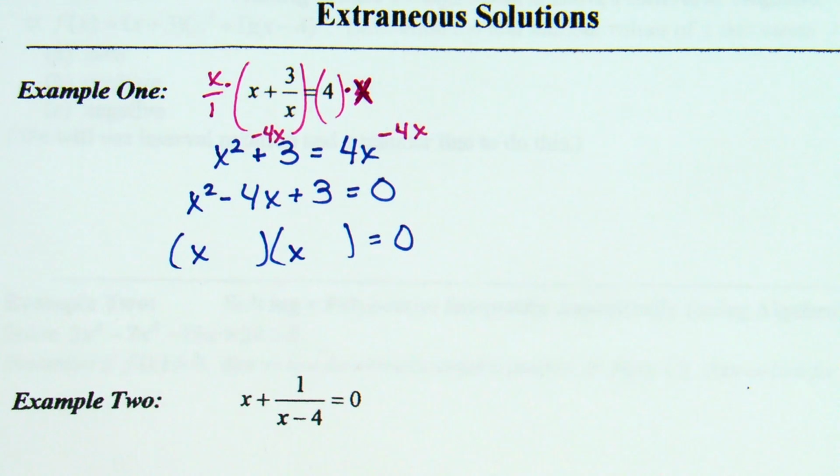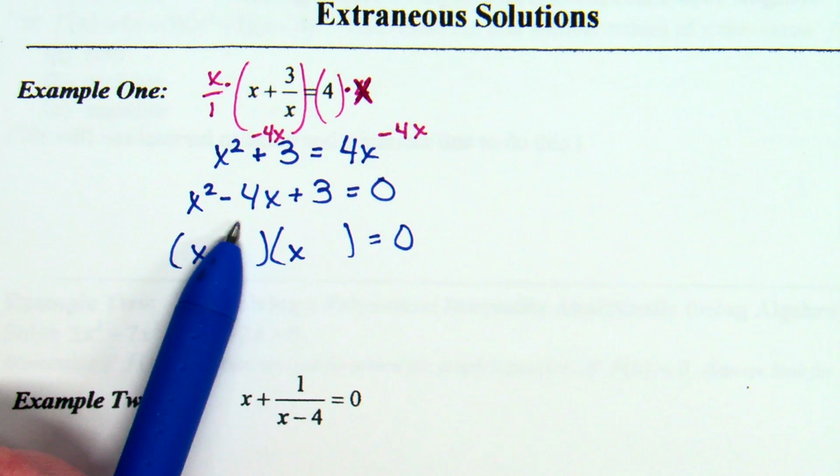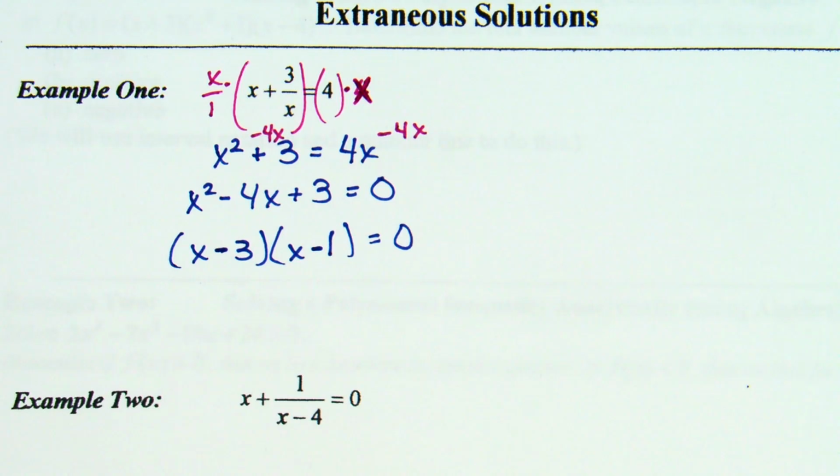I need 2 numbers that multiply to be 3 and add to be negative 4. Okay, yeah. It's a combination of 3 times 1 and 3 plus 1. They multiply to be positive and add to be negative. They're both negative. So x minus 3 and x minus 1.